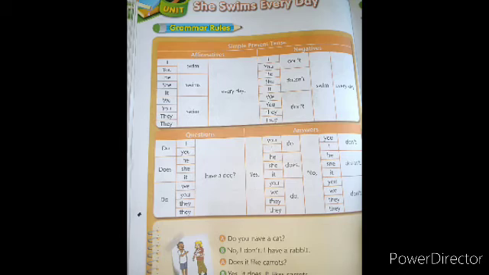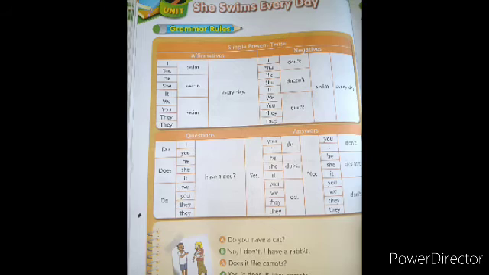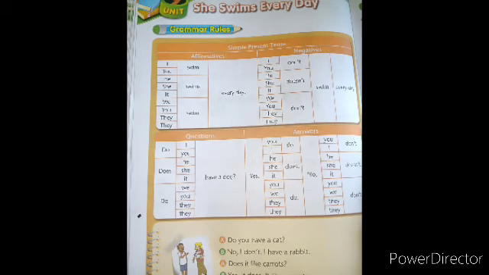So see here, I swim, you swim, he swims, she swims, it swims. When you write the sentence with I and you, only swim will be there. But when you write he, she, it, S will be added with the verb. With the verb swim, what will be added? S. He swims, she swims, it swims.